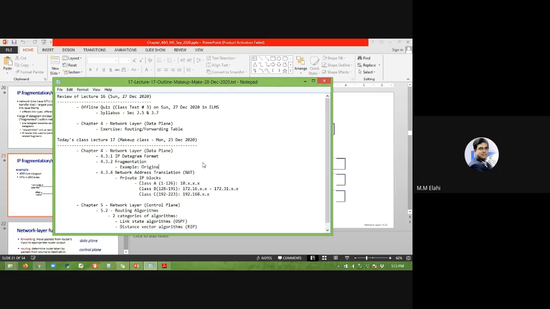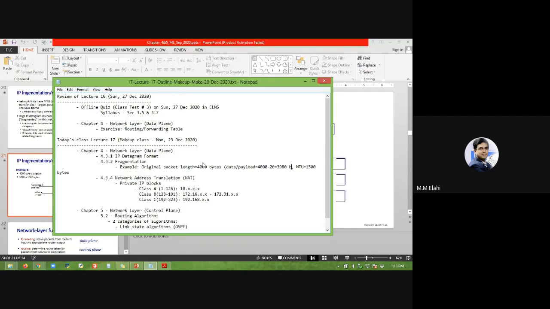Original packet length equals to 4000 bytes, right? And MTU is given what? 1500 bytes. That means if we say original packet length is 4000 bytes, then definitely data or payload will be 4000 minus 20, 3980 bytes.